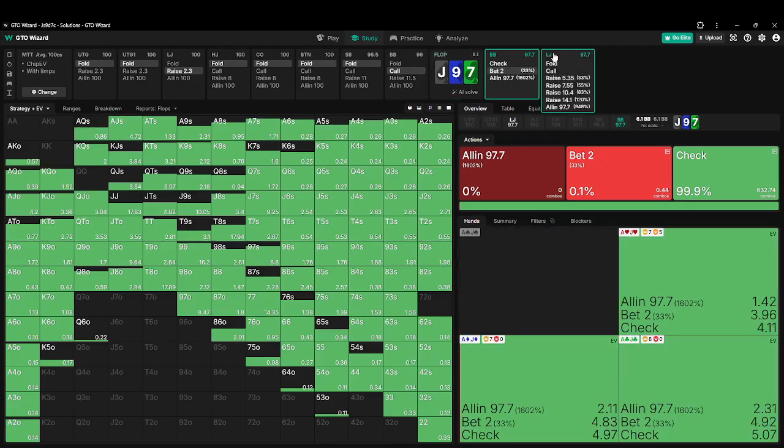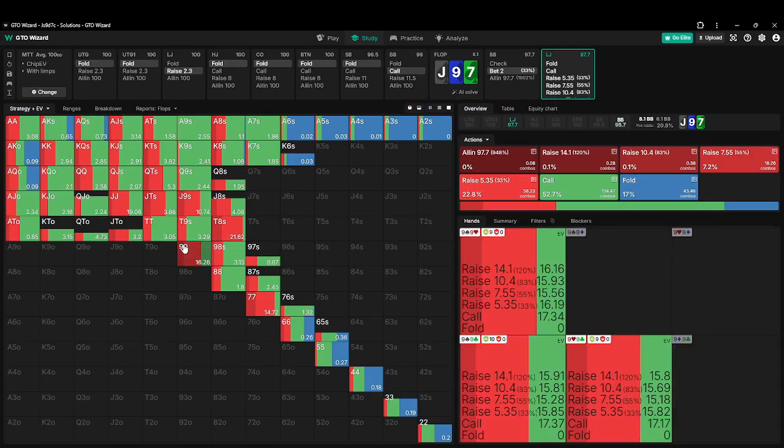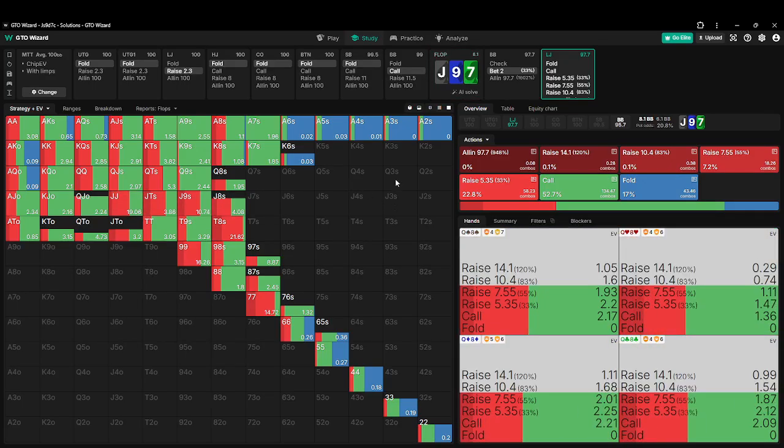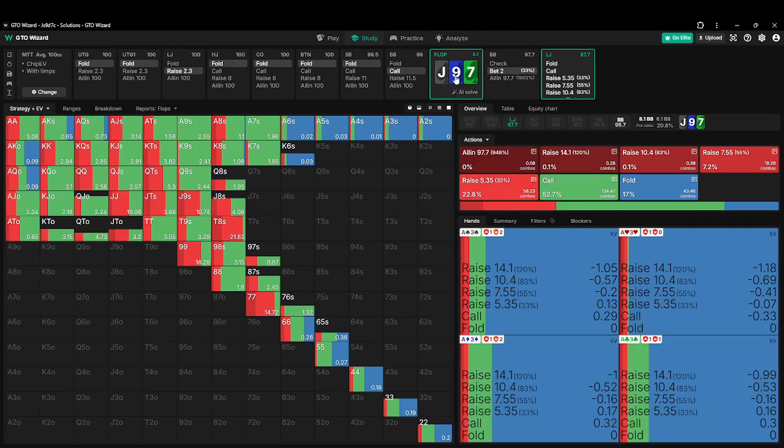So basically, they should still check it, but if they do bet, we're seeing this pattern that when the board gets a little bit more connected without really high cards like the Broadways, you're going to be doing a lot more calling in that spot.